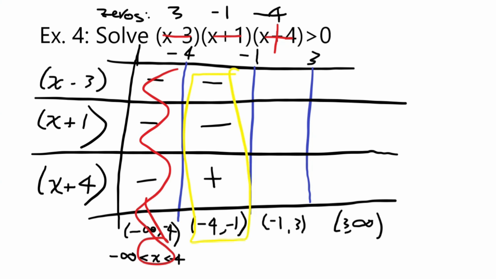Now let's do the next one. Negative 1 to 3. That leaves 0, 1, and 2, pretty much, in the whole numbers. All right, so let's pick 1. That's a pretty simple one. 1 minus 3 is negative 2. That is negative. 1 plus 1 is 2. That's positive. And then 1 plus 4 is 5.